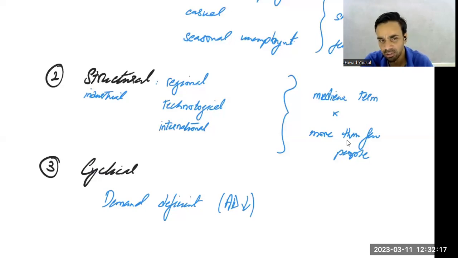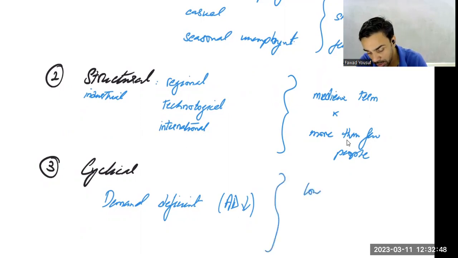I think Pakistan is actually feeling a cyclical unemployment situation right now. According to the government, we have 14%. According to the Gallup survey, we have about 22%. So the point is, in this one, there is an entire fall in the aggregate demand for goods and services in the economy, and that results in an overall fall in the demand for labor in all industries.